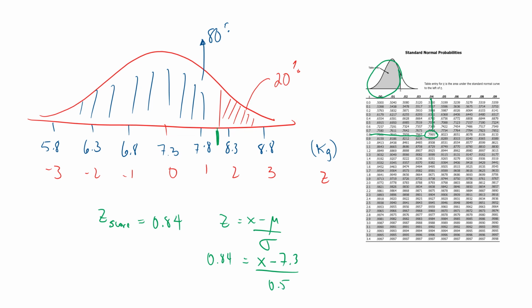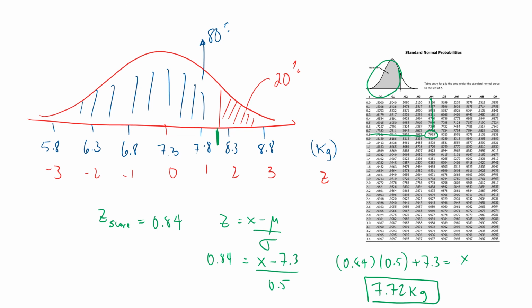And now I'm going to isolate x by multiplying both sides by 0.5 and adding 7.3. I'm going pretty quick through this, but hopefully the repetition makes it a little bit easier. So there's my x value, and if I quickly pick up a calculator and calculate that and double check it on my graph to make sure, I get 7.72 kilograms.